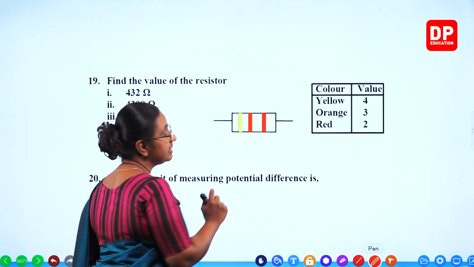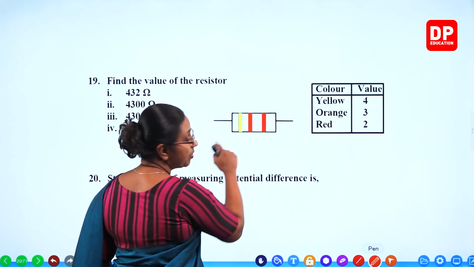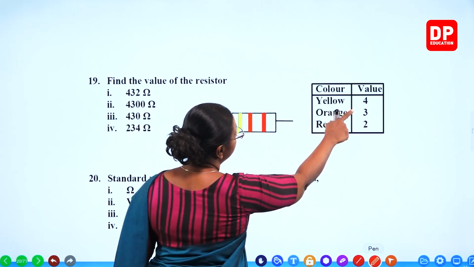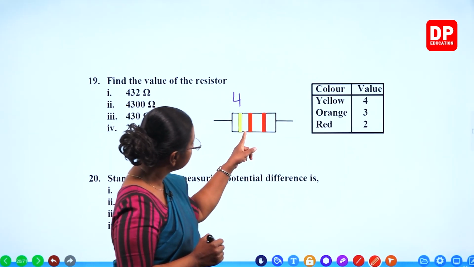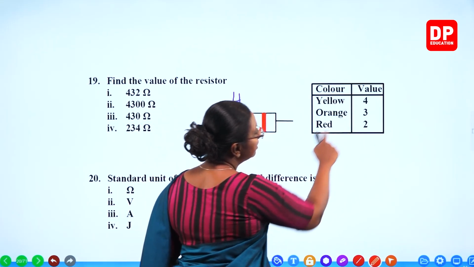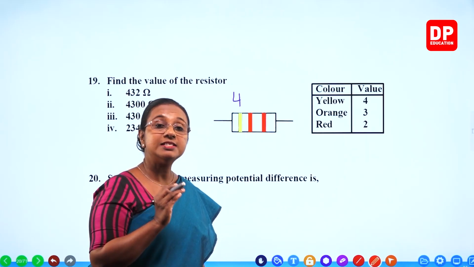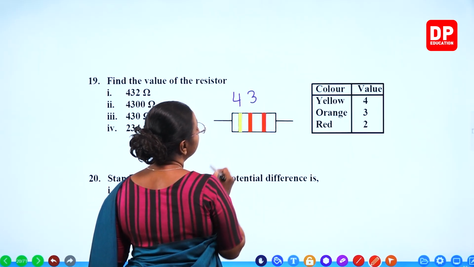First band is the tens place. You look at the number corresponding to the color yellow 4. You write the value 4 there. Then the second band, you can see orange color. Orange color 3. So that is the ones place. You write that 3 also here.